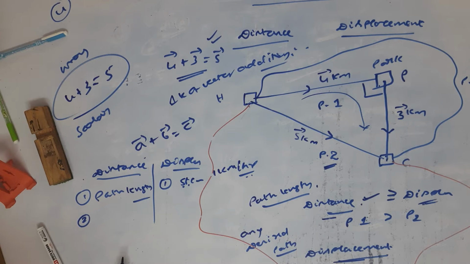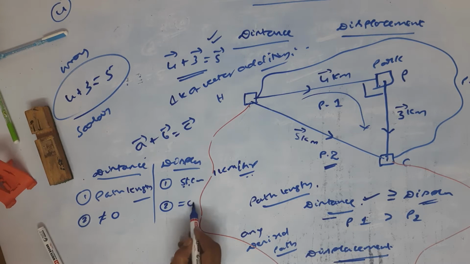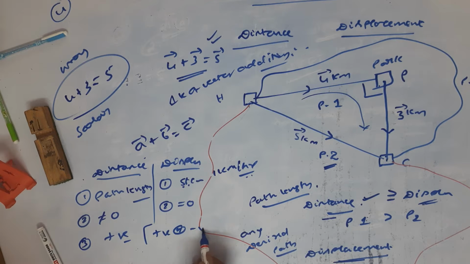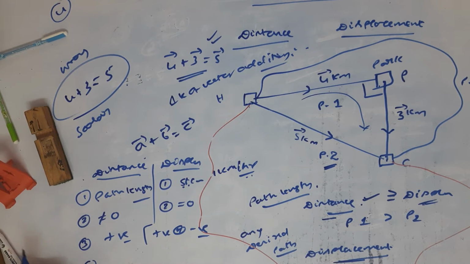During the journey, distance is not equal to 0, whereas displacement can become 0. Distance is always positive, whereas displacement can be positive or negative.